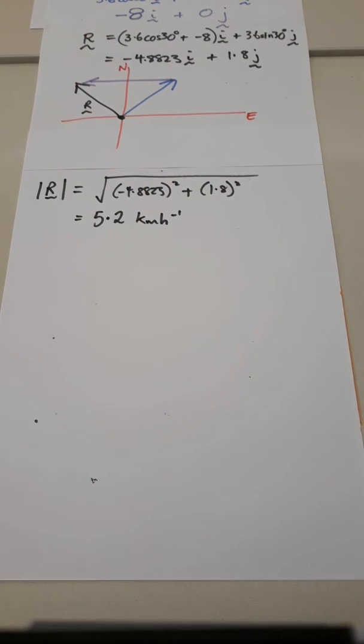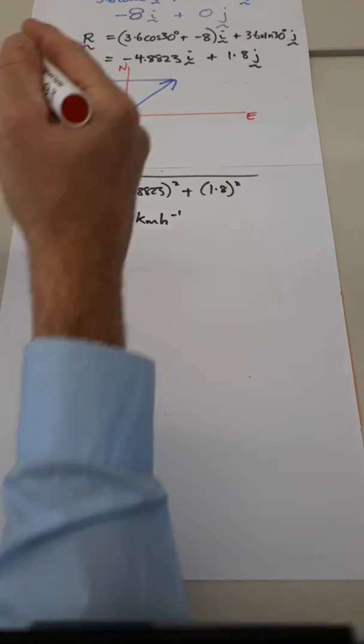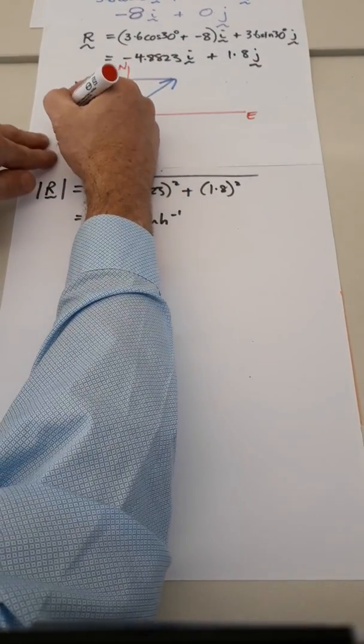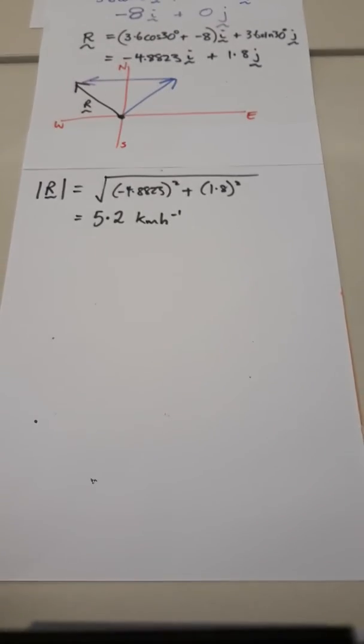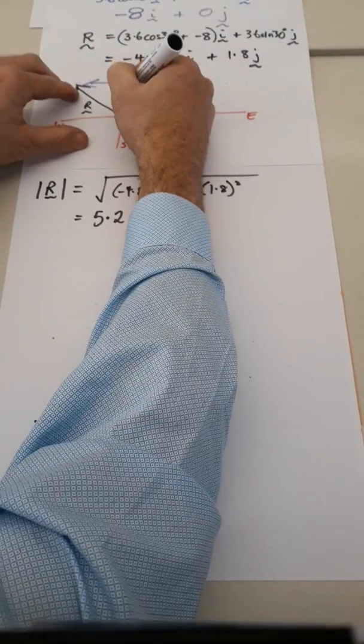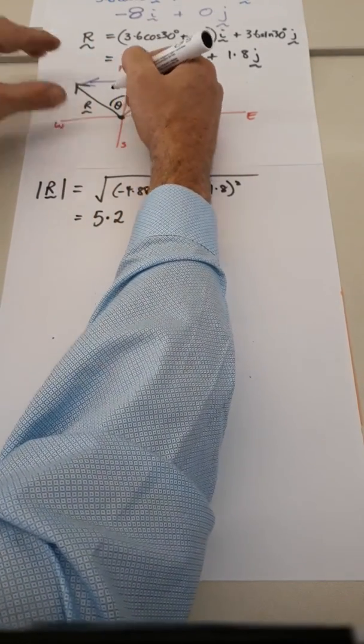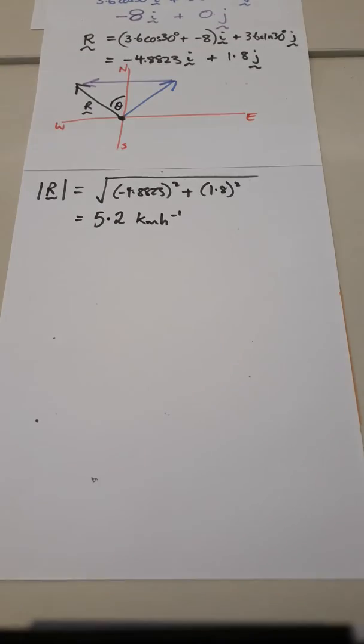I think I might give the answer in terms of north, south, east and west. In which case you always go north or south first and then east or west second. So the angle that I'm interested in is that angle there if I want to give a bit of direction to that. So what is that angle there?